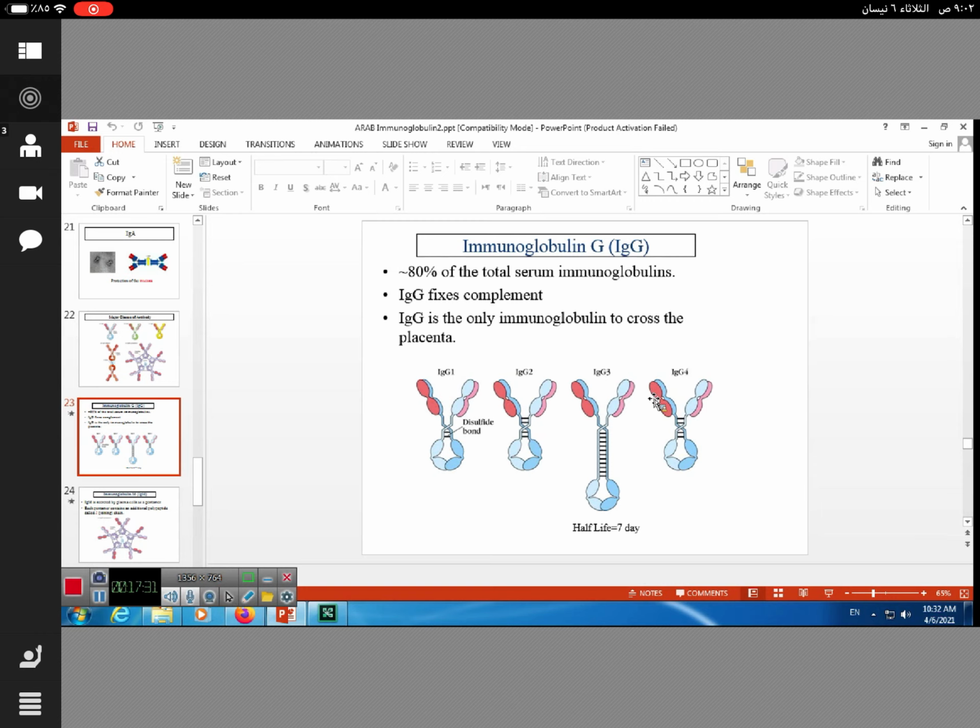In medicine, more details show there are 4 different subclasses of IgG: IgG1, IgG2, IgG3, and IgG4. IgG3 has a half-life near 7 days. Other forms have a half-life of about 23 days.